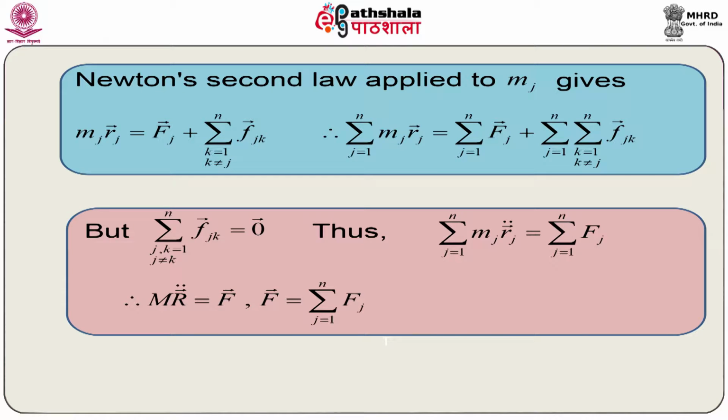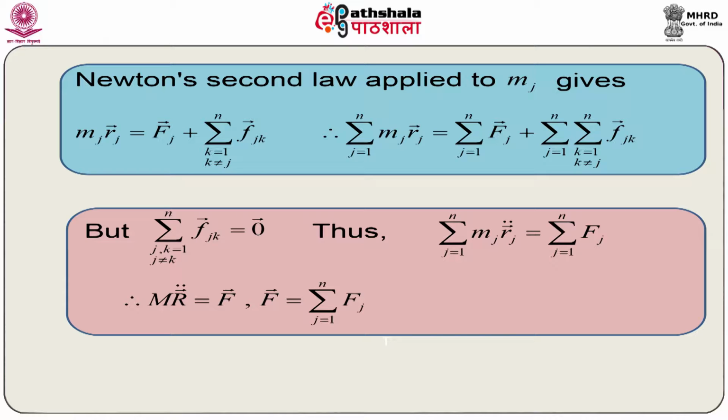If we apply Newton's second law to mass m_j, then we get m_j r_j double dot vector equal to capital F_j vector plus the summation over k equal to 1 to n, k not equal to j, of f_jk vector. This is the external force and this is the internal force.